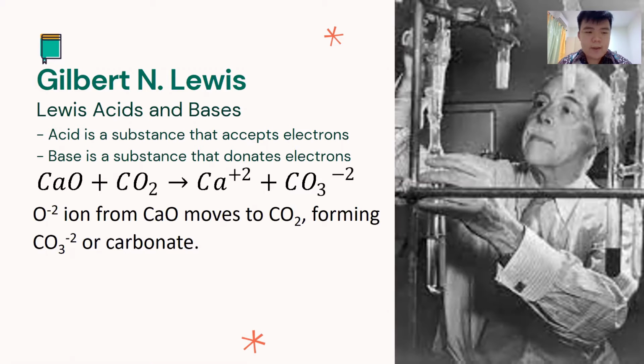For example, in this reaction, calcium oxide reacts with carbon dioxide and will yield calcium ion and also carbonate. Here, the oxide from calcium oxide moves to the carbon dioxide, forming a carbonate.